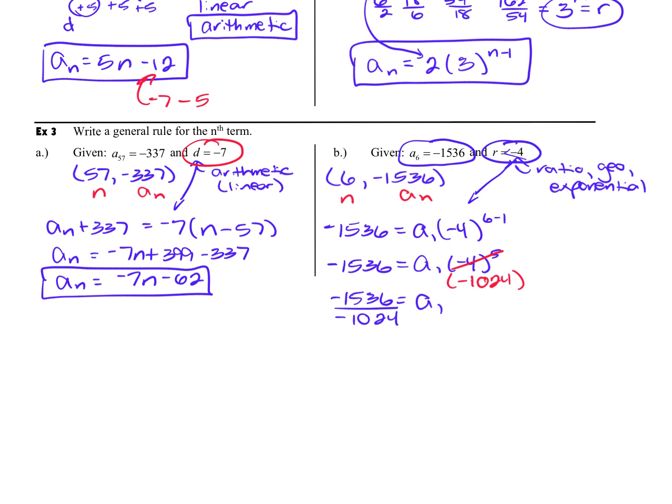If you type that in your calculator, you will get that the first term is 1.5. So now our rule is a sub n. You always have to have that first term, our ratio, and it has to be n minus 1.